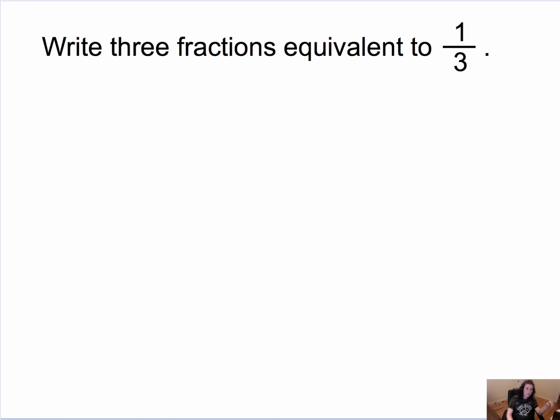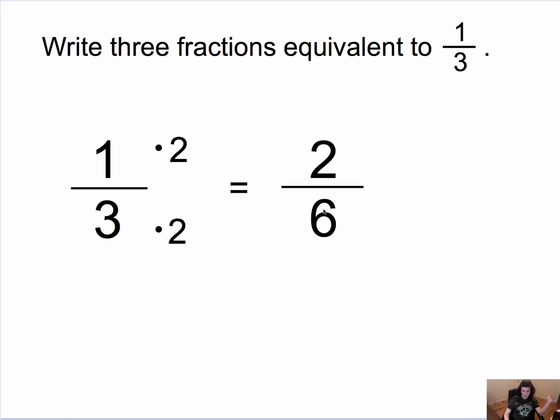Okay, so if I have 1/3, if I want to find the equivalent fraction, now we could all have different answers, but what I chose to do was to multiply by 2. As long as I do the same thing in the numerator and denominator, it's going to be equivalent. You can multiply by any number that you want, but I just chose 2. So that would equal 2/6. That means that 2/6 is equivalent to 1/3.